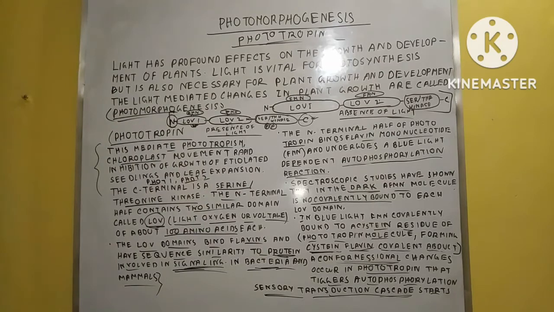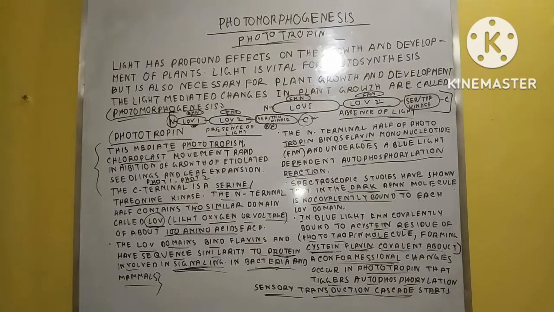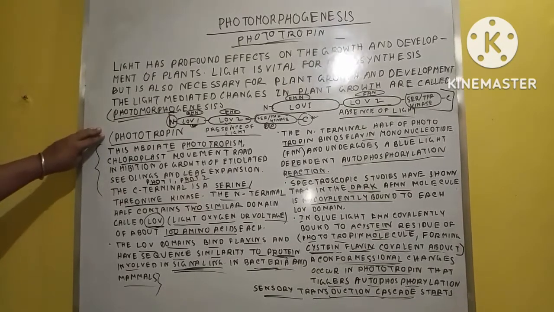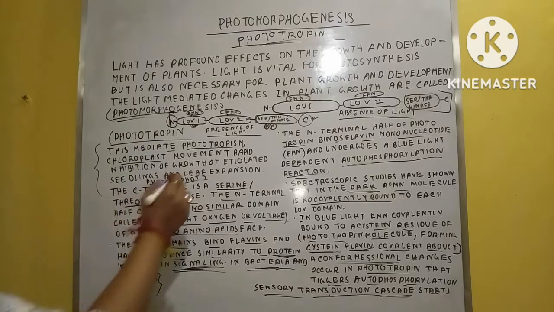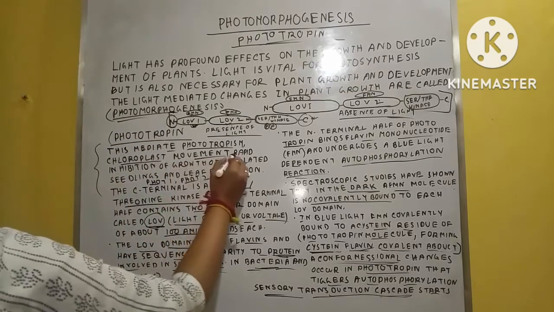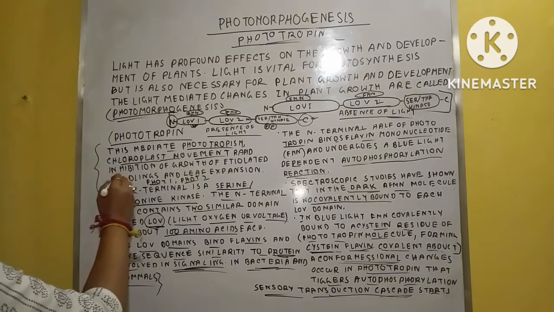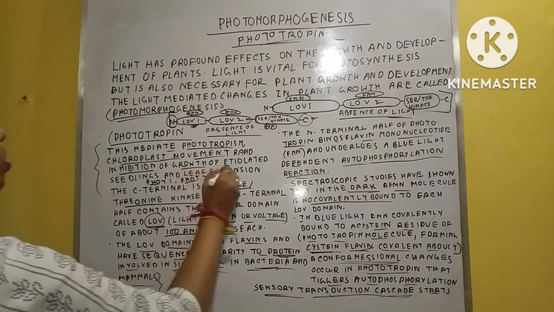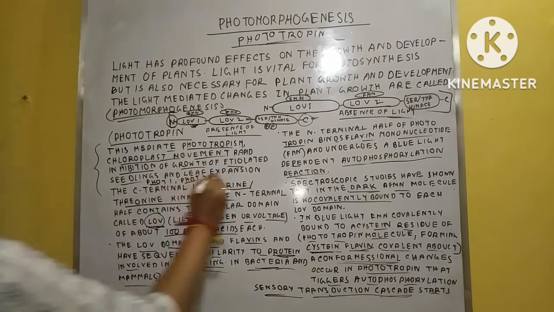As usual, the activity of the phototropin is increased, and then the phototropin controls different activities of the plant body, such as rapid chloroplast movement or chloroplast shifting, second, inhibition of the growth of etiolated seedlings, and third, leaf expansion.